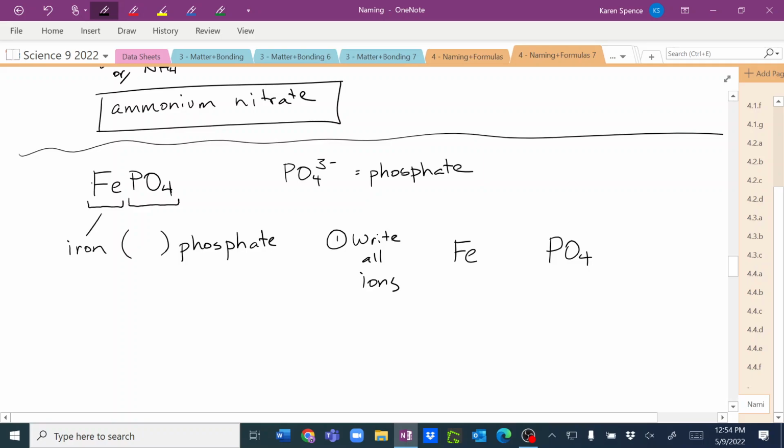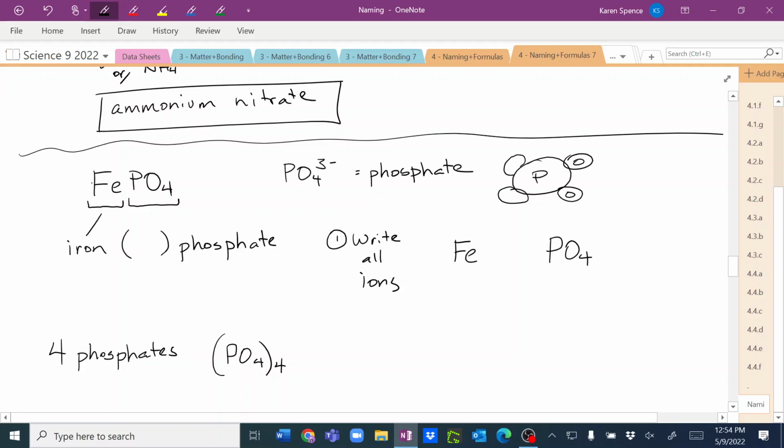If you had 4 phosphates, it would look like this. Phosphate is a phosphorus with 4 oxygens attached to it that all has a 3 negative charge. Phosphate PO4 is that group. You have 1 of that group. You don't have 4 of that group. Yes? So we have 1 iron, we have 1 phosphate. The charge of phosphate, we looked it up, was 3 minus.